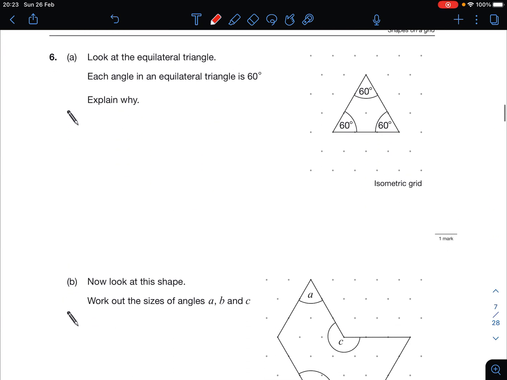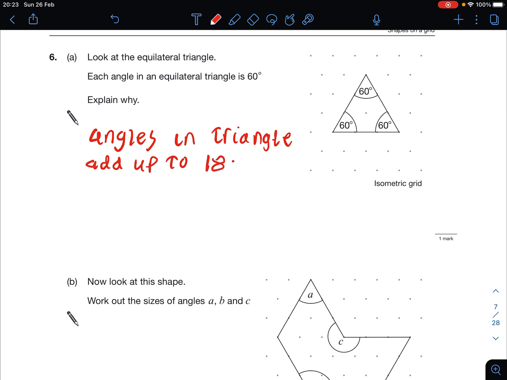For this question, it's quite straightforward. Angles in a triangle add up to 180 degrees.